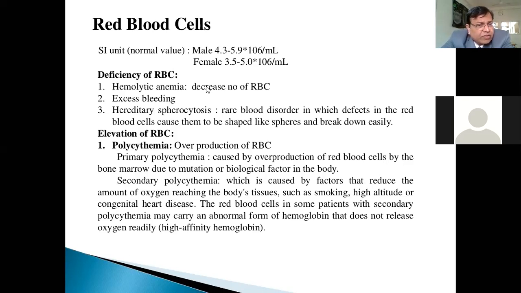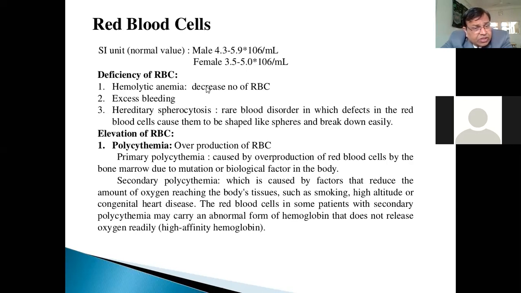Now, deficiency of RBC gives reasons such as hemolytic anemia, decreased number of RBC, excessive bleeding, hereditary spherocytosis, that is a rare blood disorder, a defect in which the RBC is shaped like a sphere and breaks down easily.